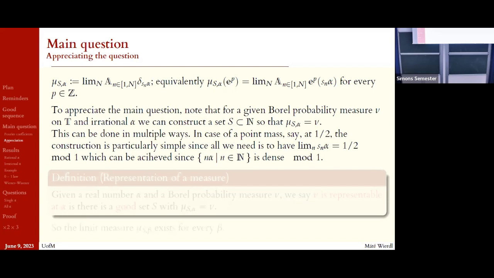In the case of a point mass, for example, that's particularly easy. Say the point mass is at 1/2, then the construction is particularly simple, since all we need is to have the limit of S_n alpha be equal to 1/2 mod 1, which can be achieved since the integer multiples of alpha are dense mod 1. So this is easy to do.